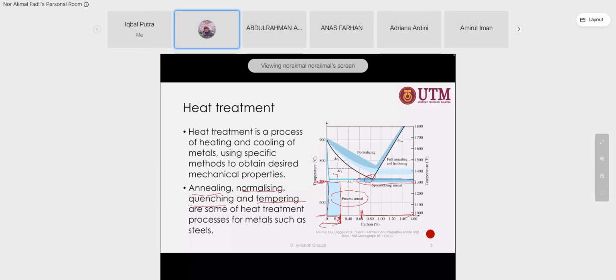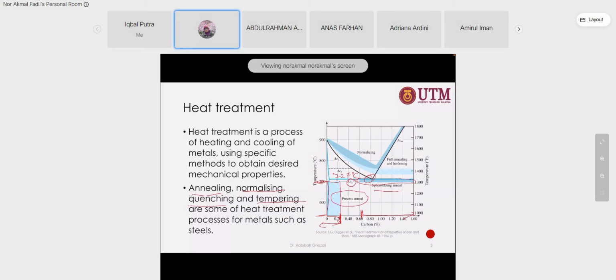What temperature? It is 727 degrees Celsius. Okay, this is the eutectoid temperature. And then the temperature is about plus minus 50 degrees, meaning 50 degrees below the A1 line. All right. This method, we call it spheroidizing anneal.